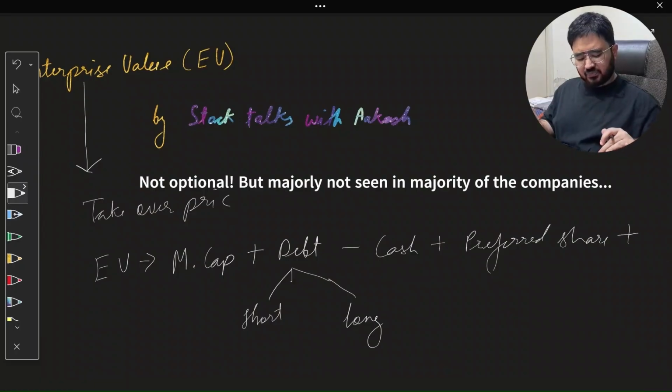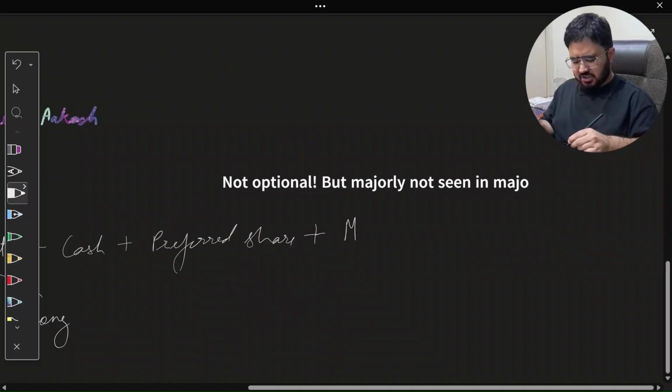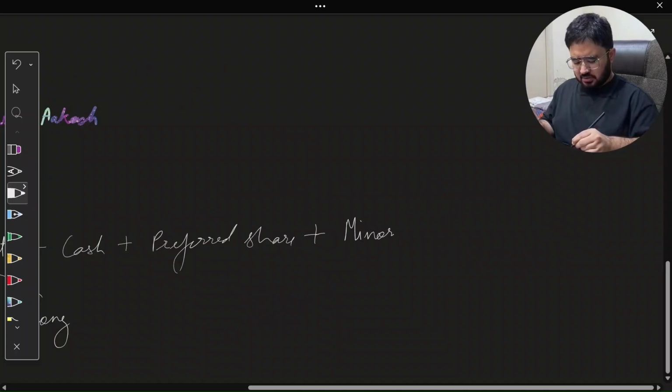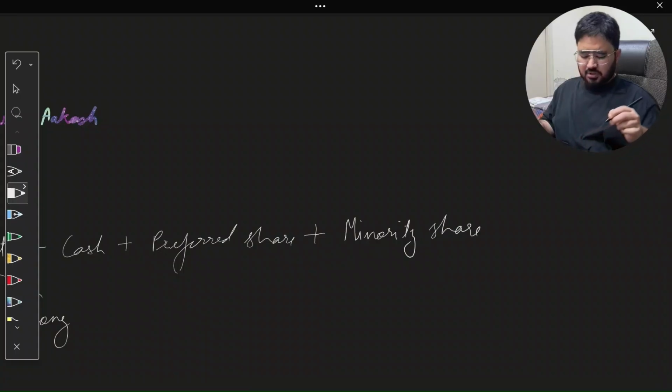Plus the minority share. So minority share is a part of equity that the company does not own. Okay, that's a bit of tricky topic, and we'll discuss it later.